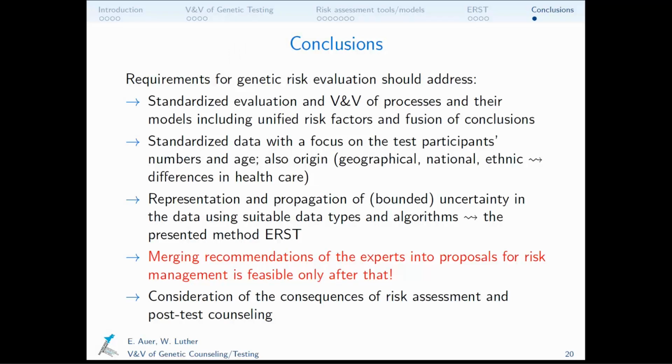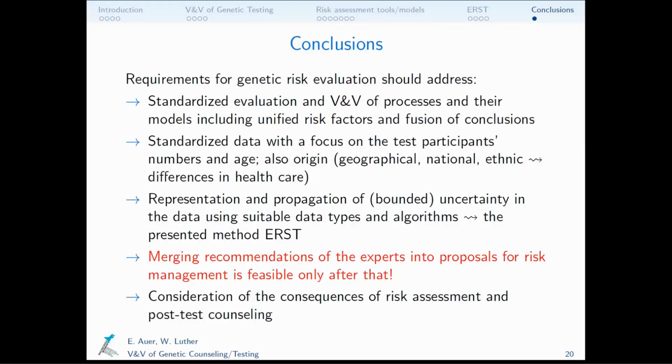Next, the uncertainty in the data should be appropriately represented using suitable data types and also propagated using suitable algorithms. To this end, we presented the extended referral screening tool method, which attempts to do exactly that.